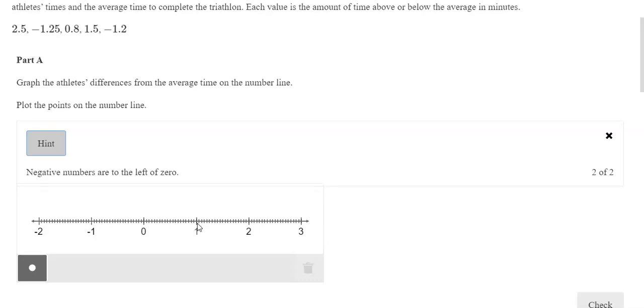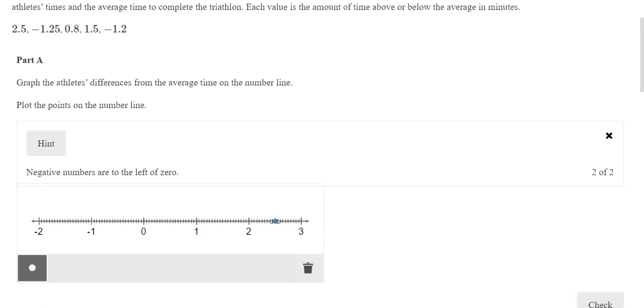So there's 20 of them. Our first one is 2.5, so we need to put it halfway between 2 and 3. So we're going to go 10 marks in. 1, 2, 3, 4, 5, 6, 7, 8, 9, 10.